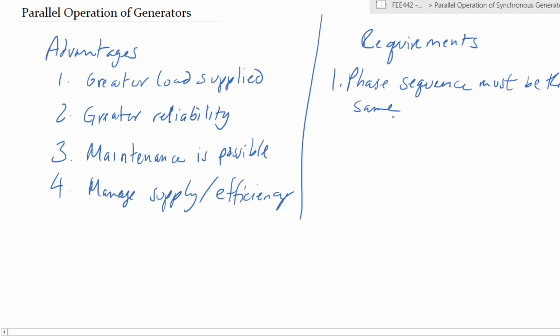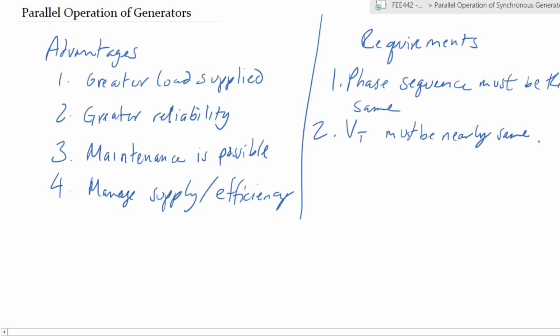They must be running in the same order. So if your system is red, yellow, blue, your generator that is coming in needs to also be red, yellow, blue. If it is opposite, there will be currents flowing between the generator and the system instead of going directly to the load.